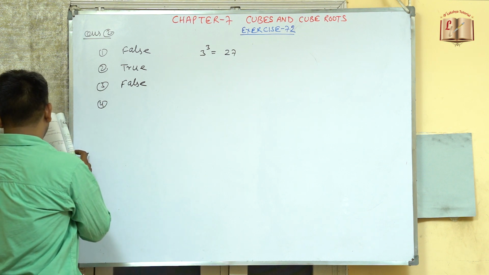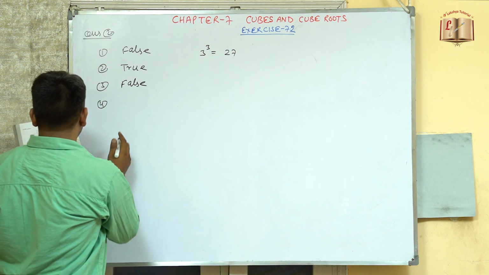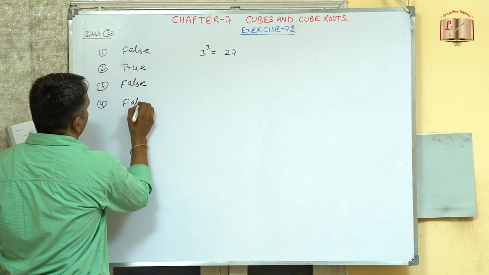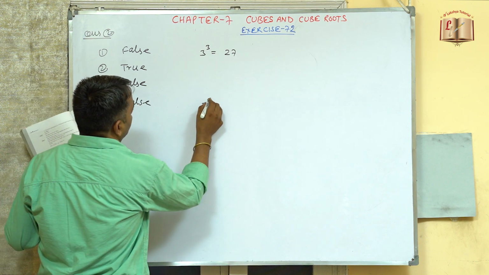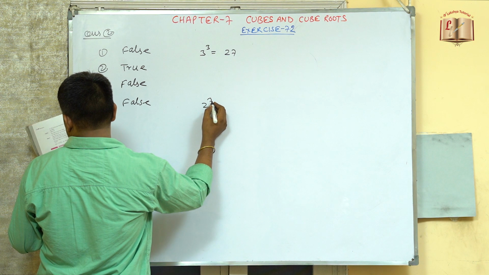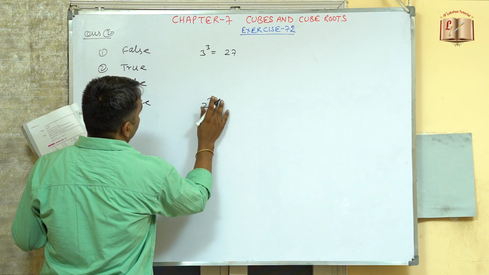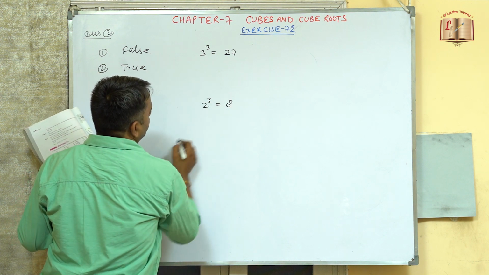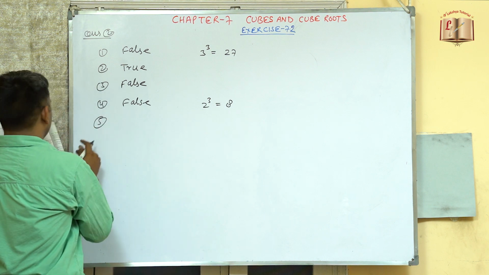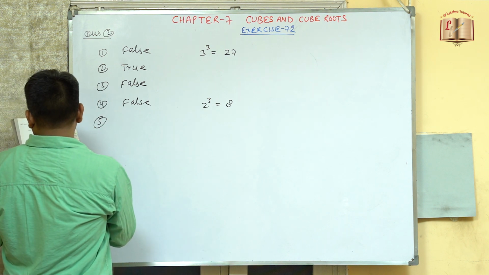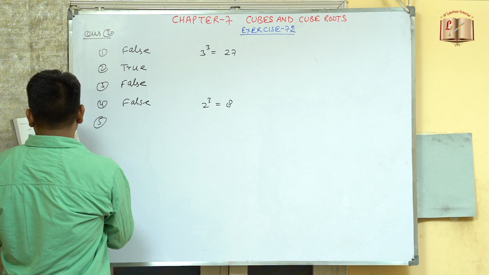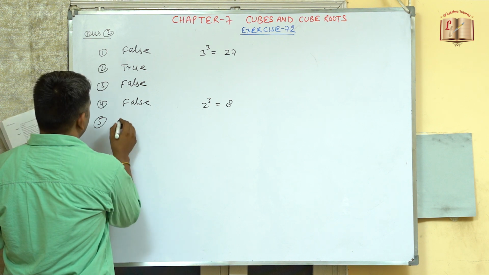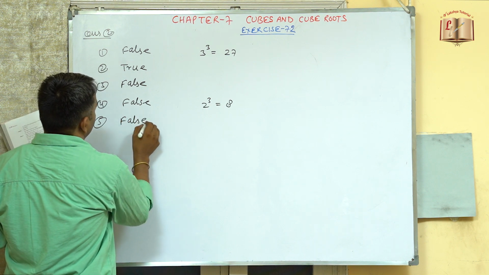Fourth part: there is no perfect cube which ends with 8. This is false because if we take the cube of 2, it ends with 8. Fifth part: the cube of any 2-digit number may be a 3-digit number. False.